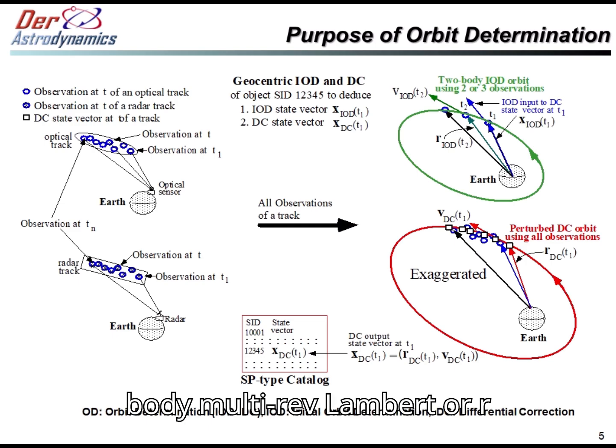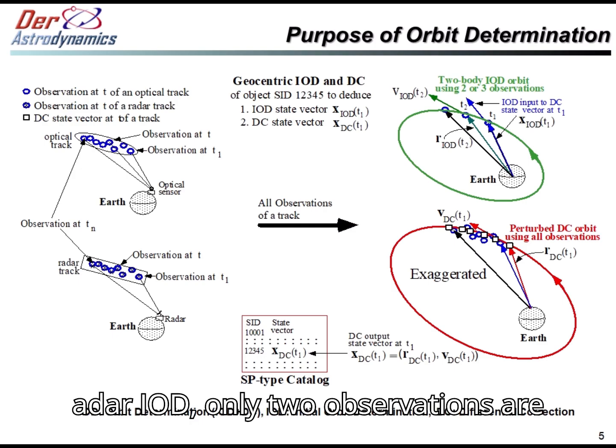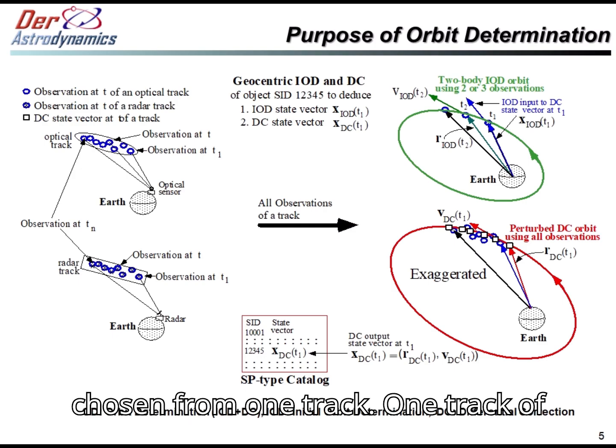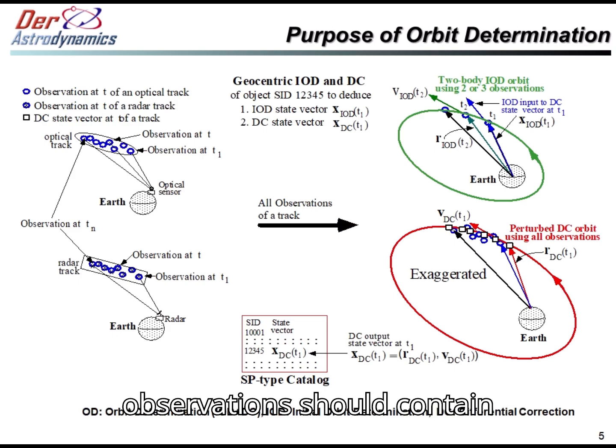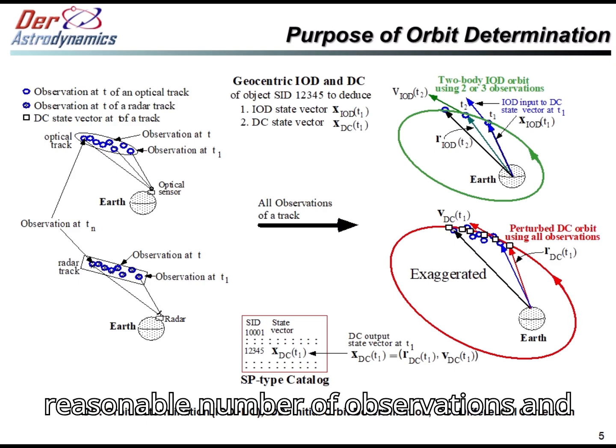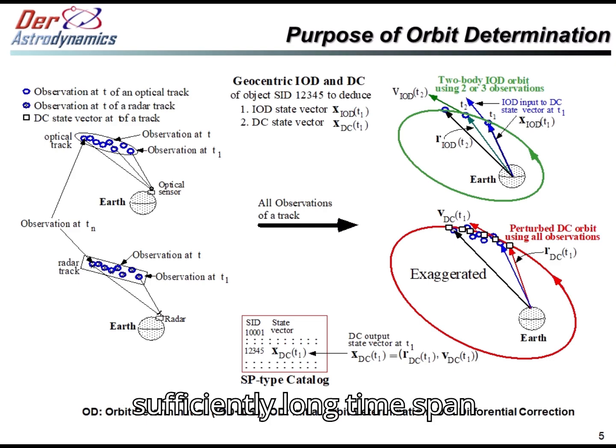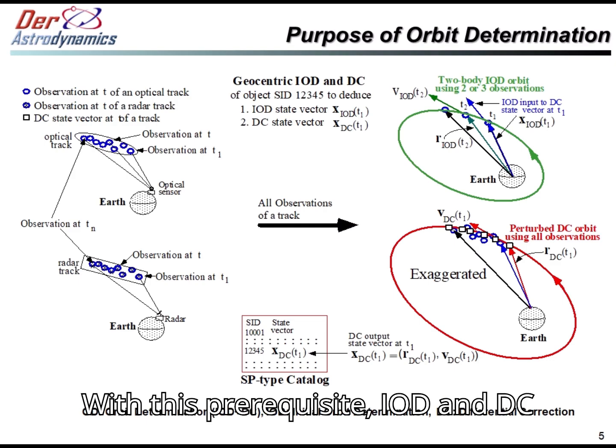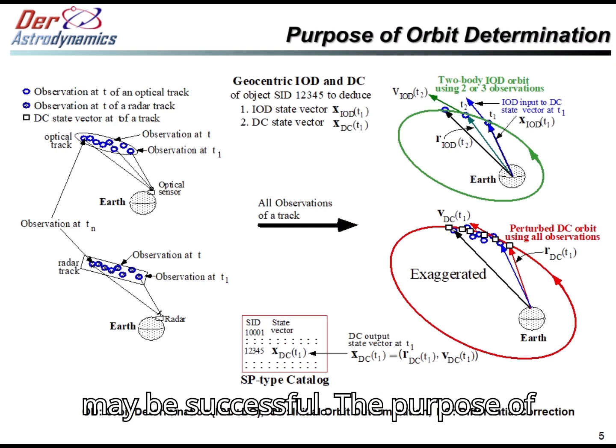For the two-body multi-web Lambert or radar IOD, only 2 observations are chosen from one track. One track of observations should contain reasonable number of observations and sufficiently long time span. With these prerequisites, IOD and DC may be successful.